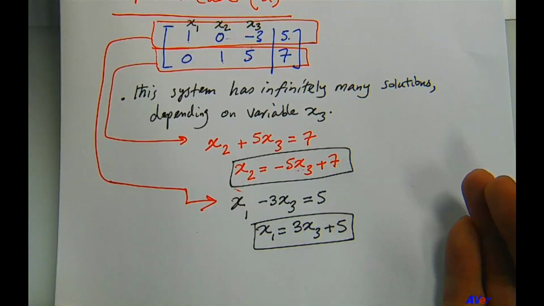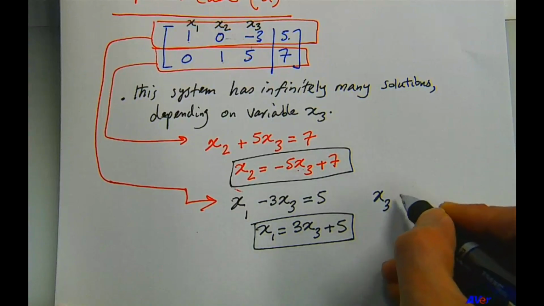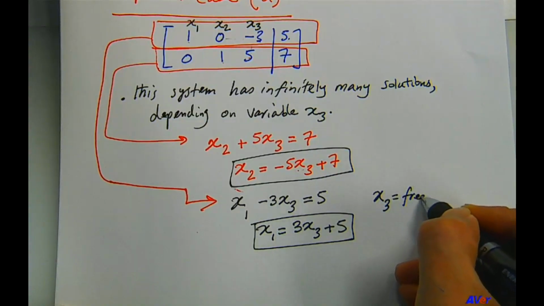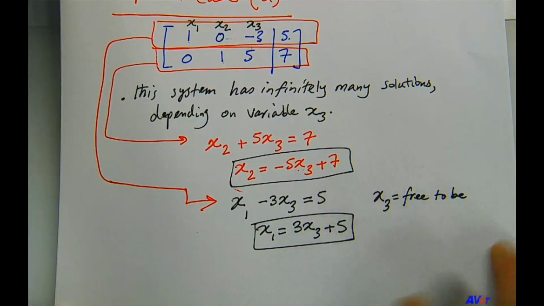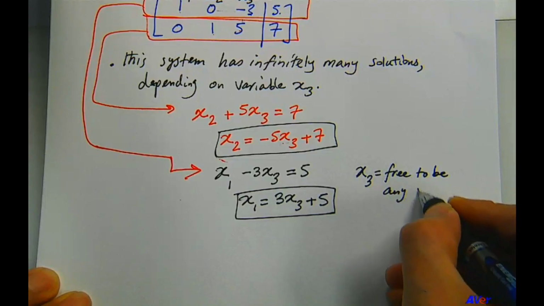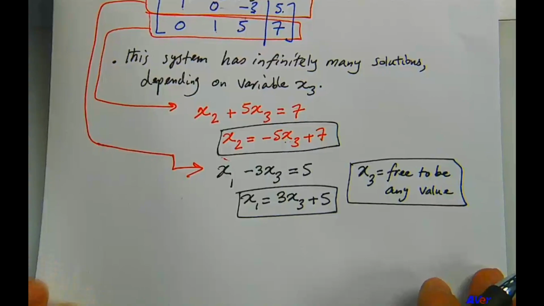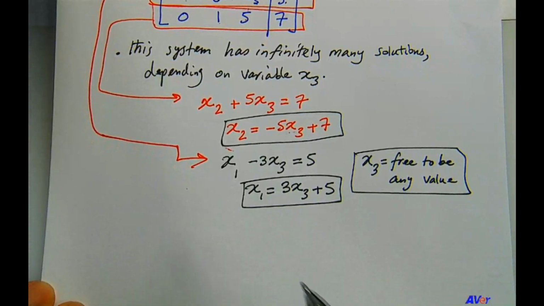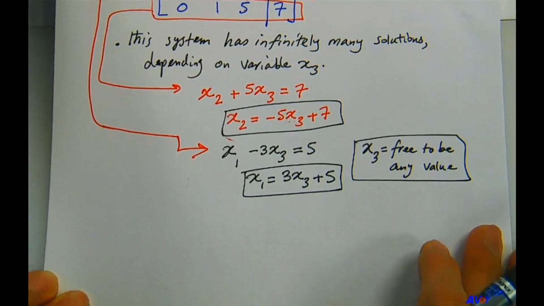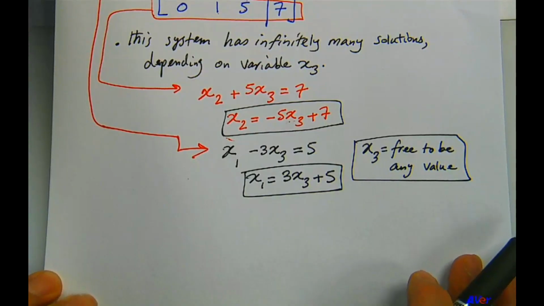Or what could x3 be? x3 is free to be anything, to be any value. So instead of having a single unique solution for the system, because this is a special case, we have infinitely many solutions depending on variable x3.